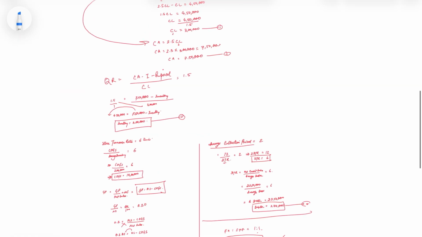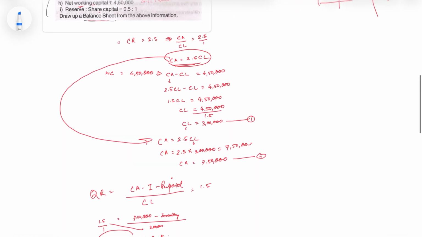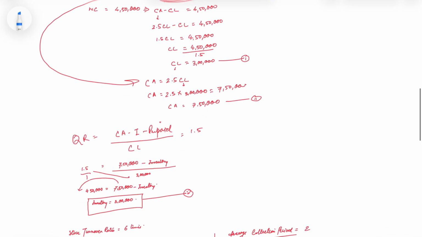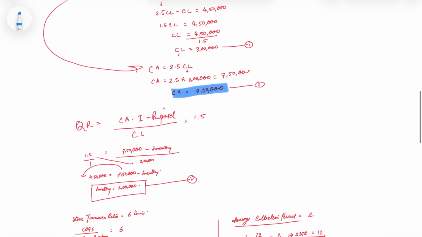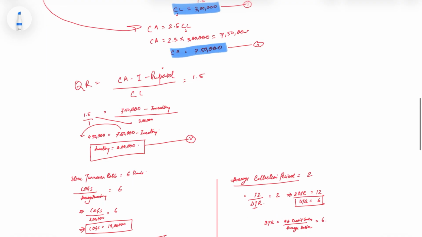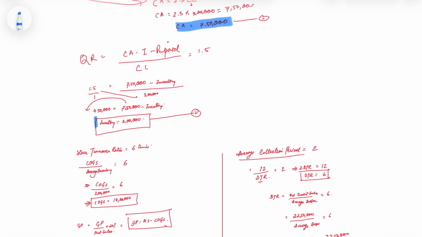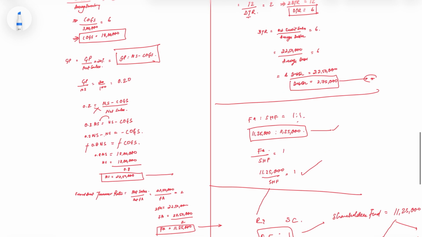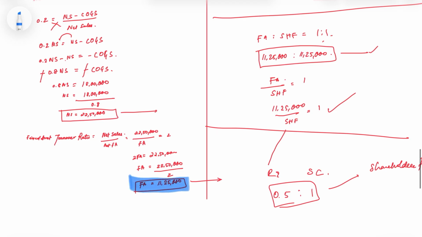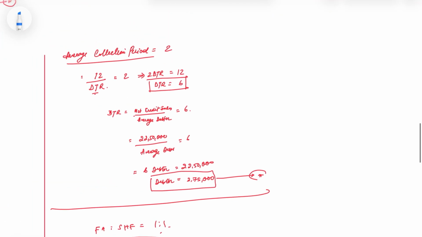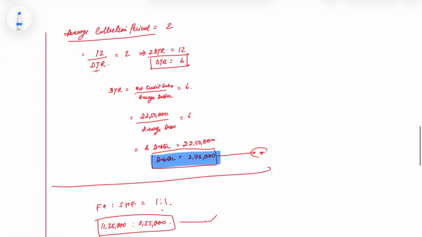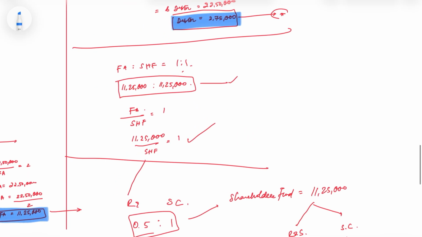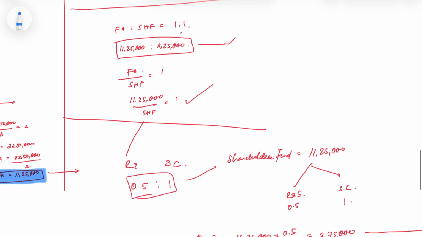Let's find out the balance sheet information. The items are current assets, current liabilities, inventory, cost of goods sold, net sales, and fixed assets. The data given is 375, and the shareholders' fund.